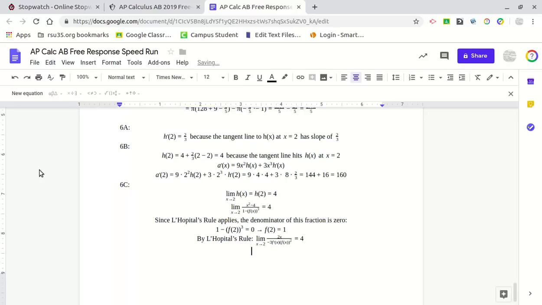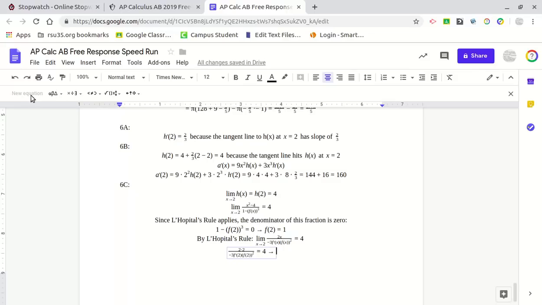Then we plug in the 2, because I'm assuming that L'Hopital's rule no longer applies, so I can just plug in 2 now. I'm not going to get 0 over 0. So when I plug in 2, I get 2 times 2 over minus 3 f prime of 2 times f of 2 squared, equals 4.